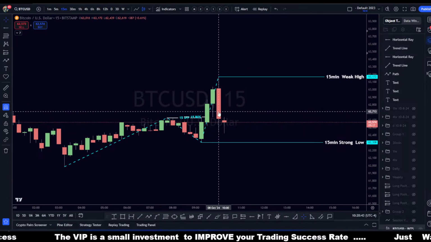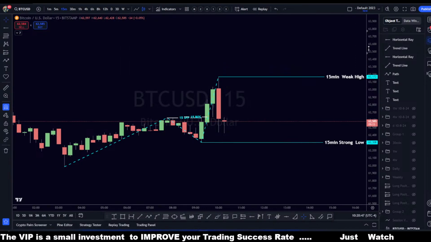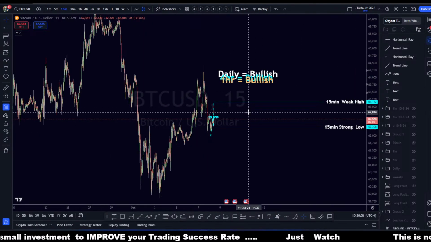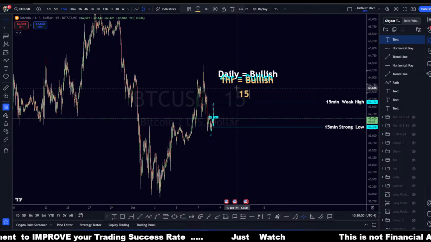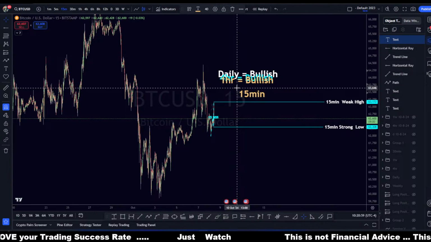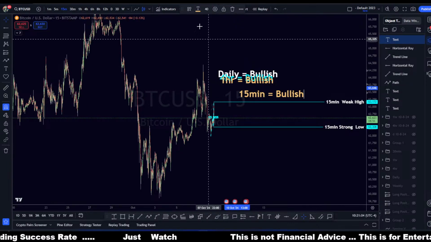We're anticipating that it'll break the weak high to continue up. Let's go ahead and adjust all of our stuff here too. So for this one as well, currently the 15-minute time frame equals bullish as well. And this one is a blue color.